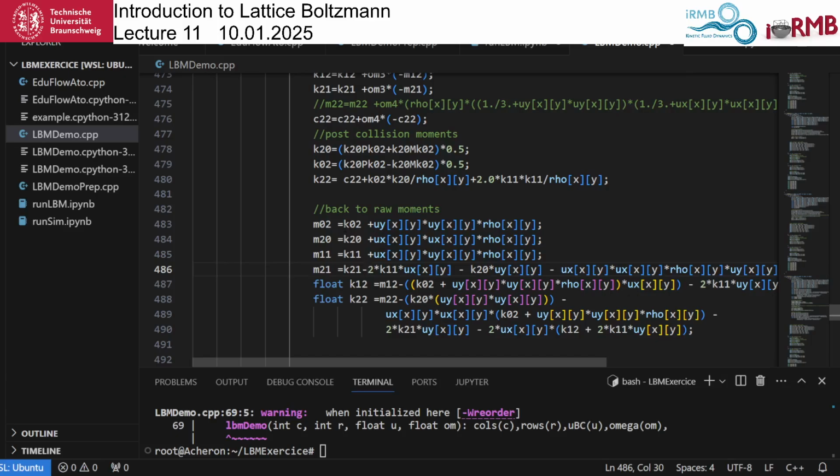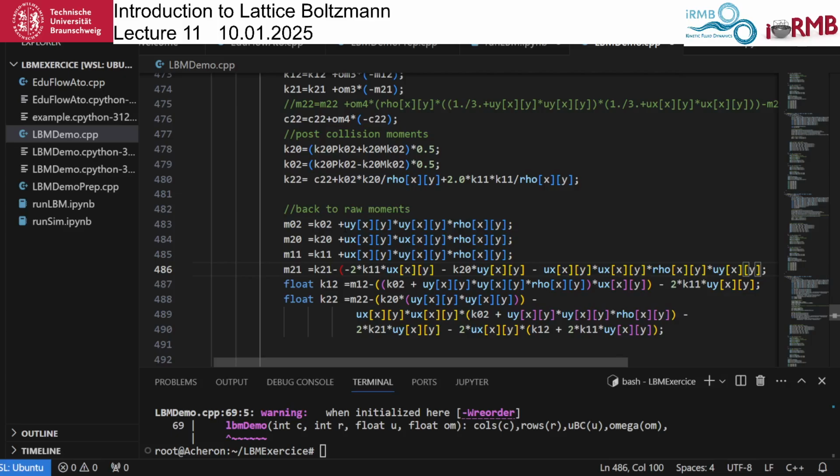Because this is so dangerous and I don't want to mess it up, I just put a minus and make a bracket. And the same thing here, yeah? Minus, brackets.